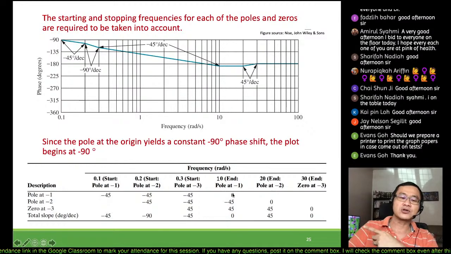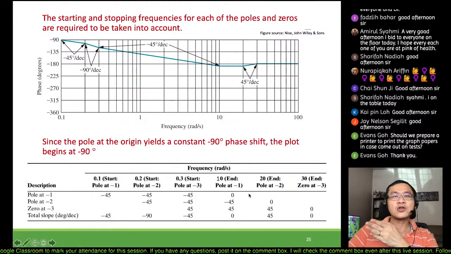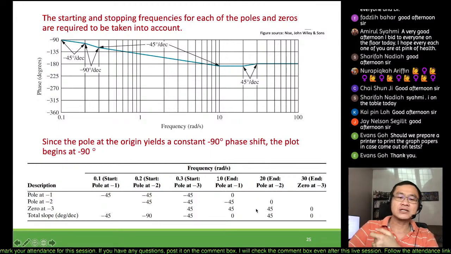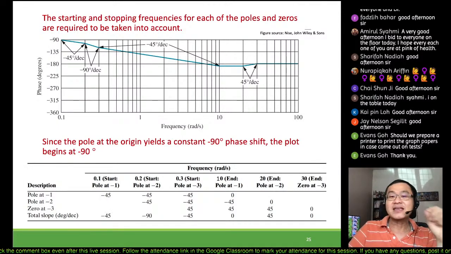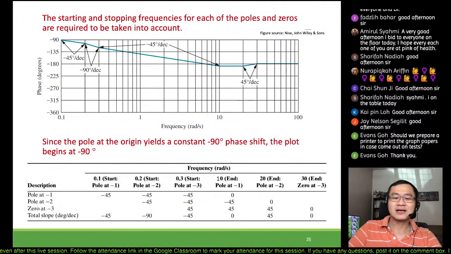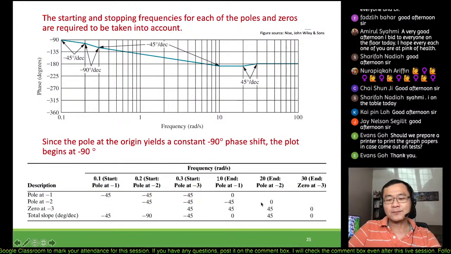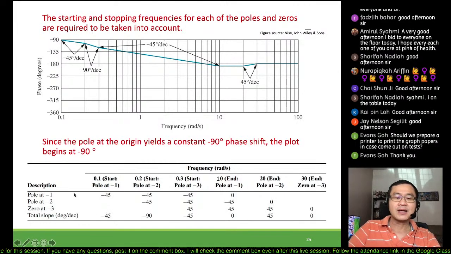So just put a 0 there, so that it will not be added up to the slope contributions to the phase plot. Same thing for 2. You start at 0.2 and go up to 20, becomes 0. So just plot them up and then total them out.